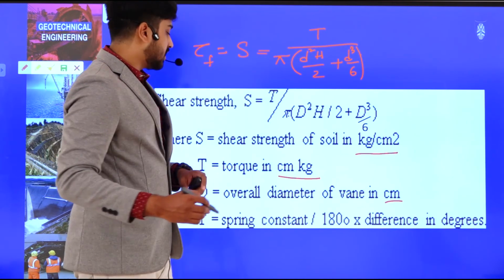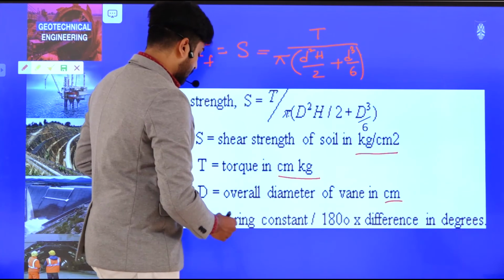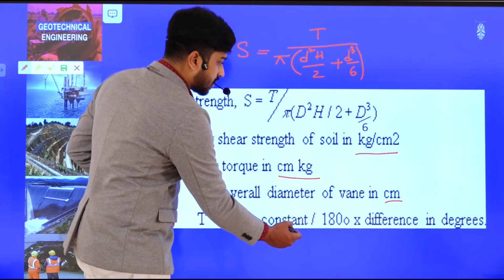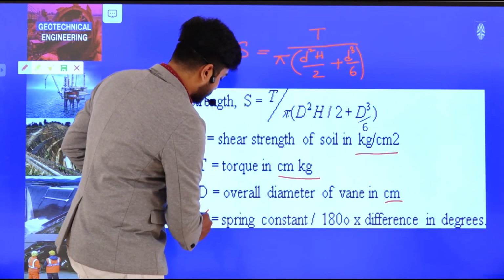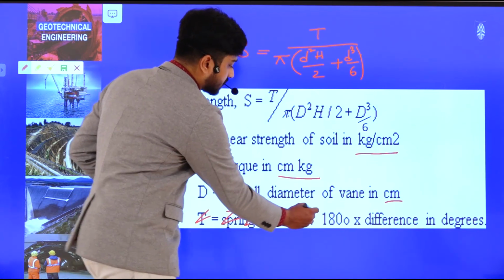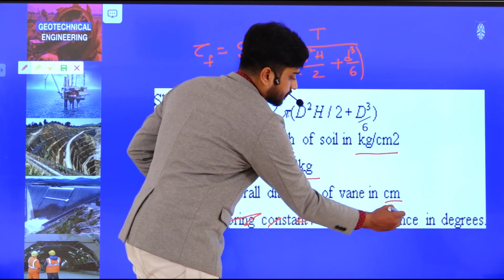A spring constant is also mentioned here, but you don't consider this one; it is not necessary in this case.